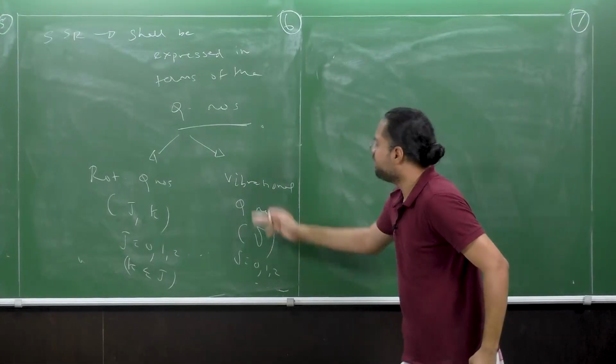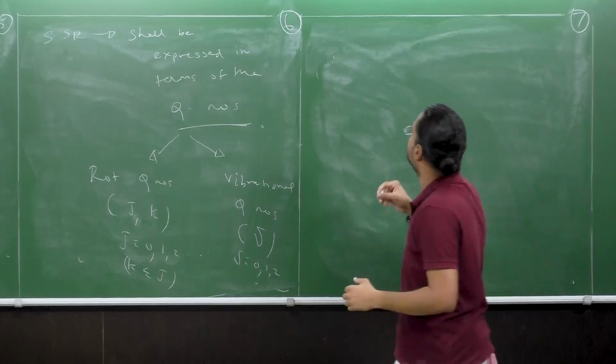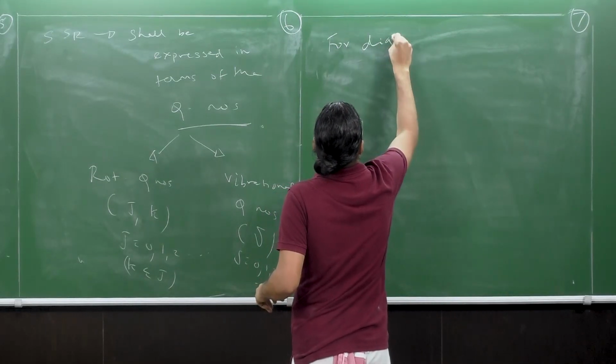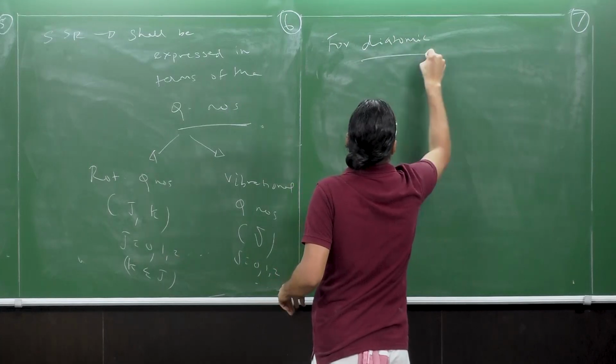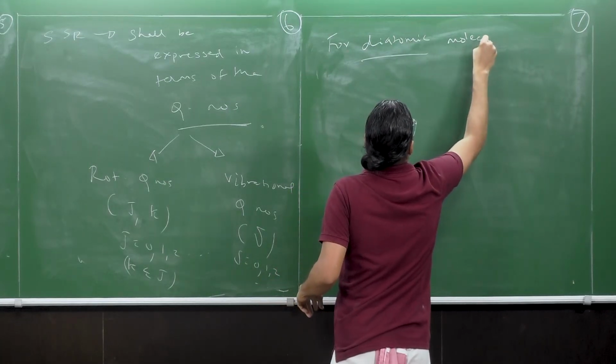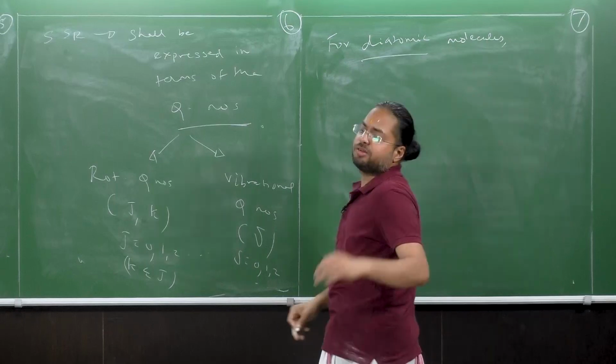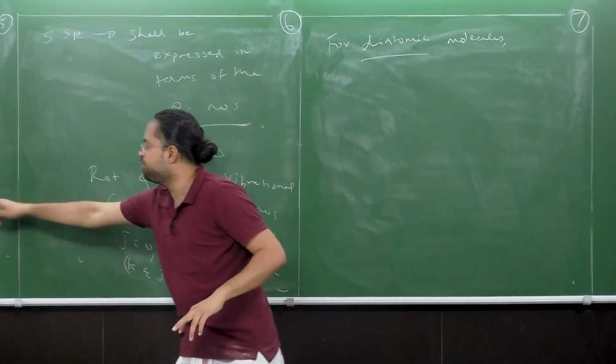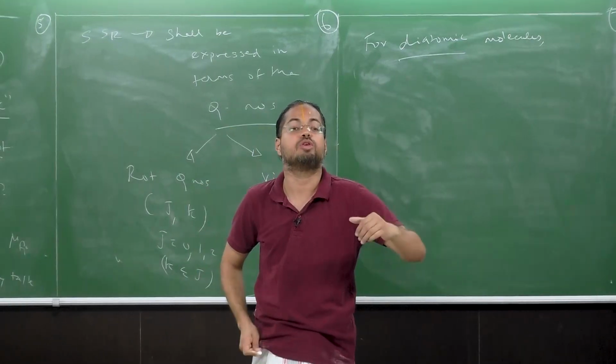So for vibrational spectroscopy, the selection rule for diatomic molecules is this. We need not consider a single atom at all here, because the minute we talk about vibrational and rotational spectroscopy, we're talking about the spectroscopy of molecules.